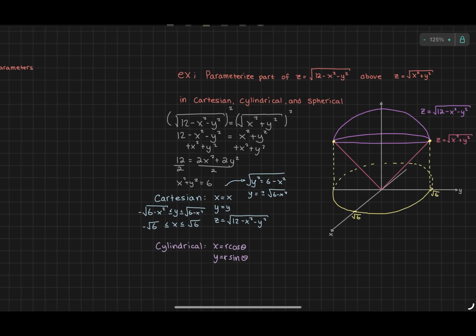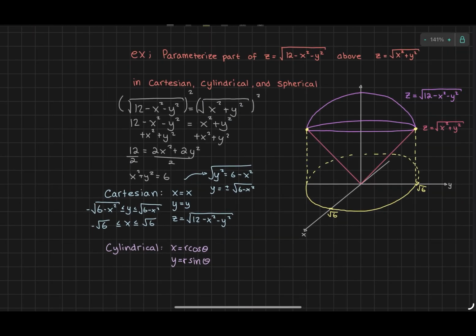And like I said, we're going to be using z is equal to the square root of 12 minus x squared minus y squared.